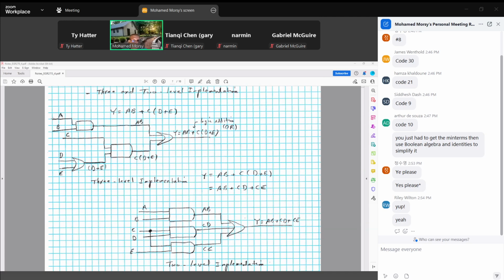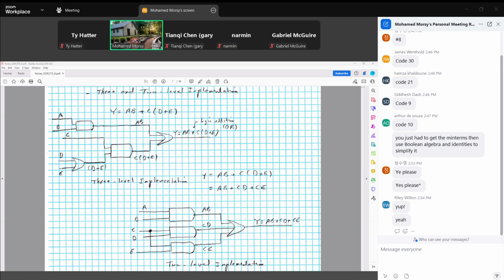What is the gate to reach A inverted? NOT gate. Perfect. What's your code, sir? 7. Thank you, sir. Exactly.